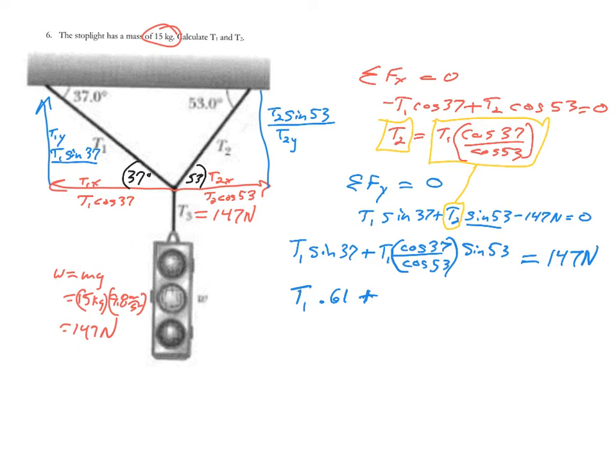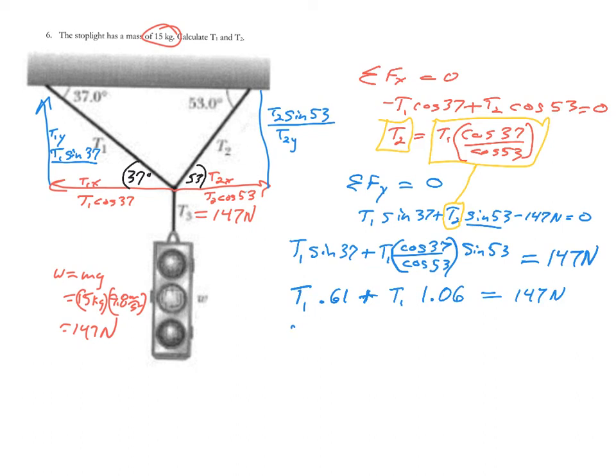Cosine of 37 divided by cosine of 53. Now I have to multiply that by the sine of 53. I'm going to get T1 times 1.06, and that equals 147 newtons.